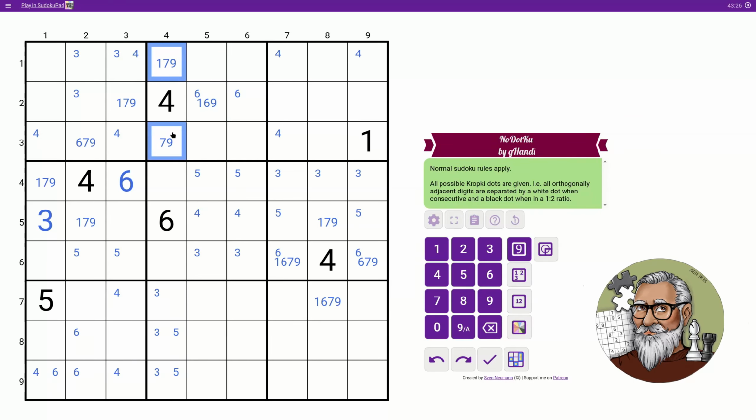So now one of these is a 7. Sure, one of these is a 7. What does that mean? I don't know what that means.